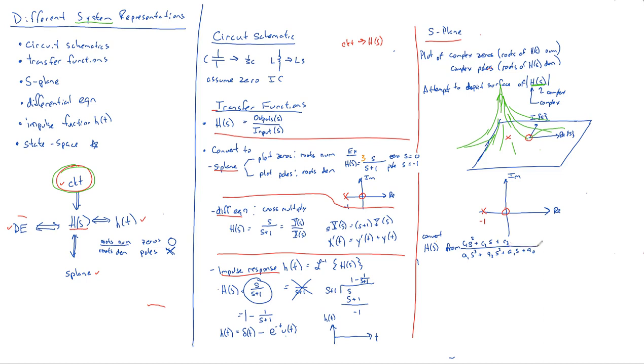You want to convert it from that polynomial into its factored form, which would be s minus your first zero times s minus your second zero, all over s minus your first pole times s minus your second pole, and so on. And now once you find those, the zeros are your z's, your poles are your p's, and you can plot them on your S-plane and you're done.